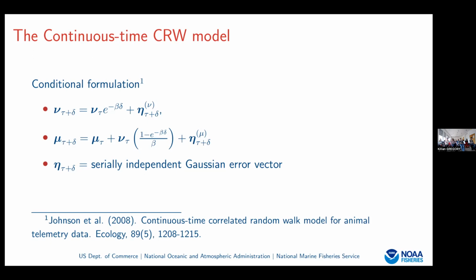We can represent that stochastic differential equation by these terms here. The velocity, the speed and direction I'll be going, is just the velocity I was before times this term here, plus a random component that depends on the amount of time I'm talking about. It looks a lot like an autoregressive AR1 type thing, where I was before times a little fudge factor plus independent random error.